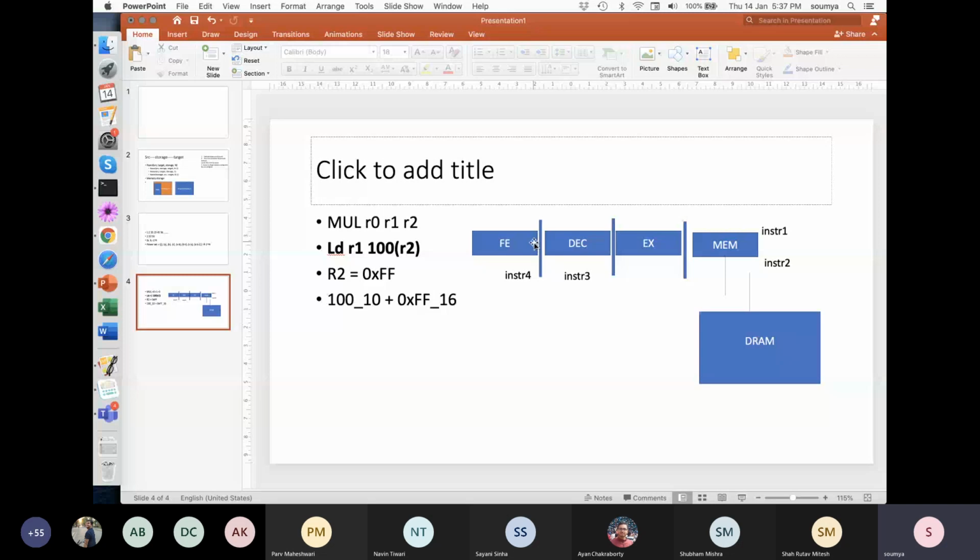These are called pipeline registers. So the output of fetch goes here. In the next clock cycle, whatever the content is goes here like this, right?